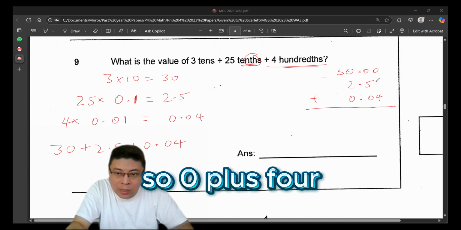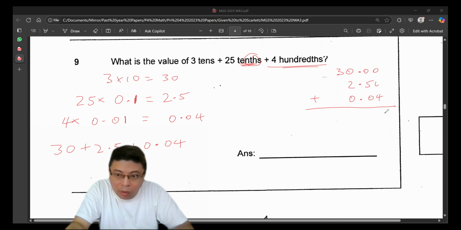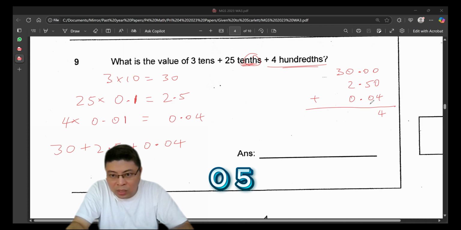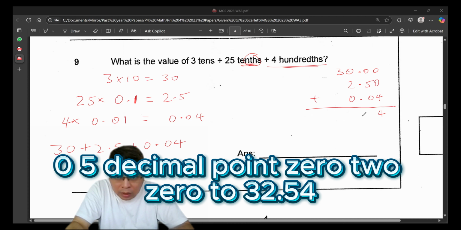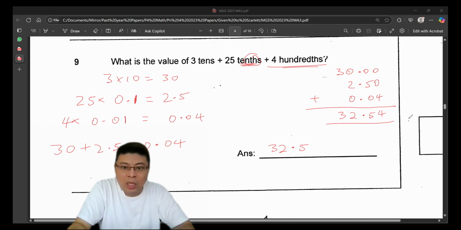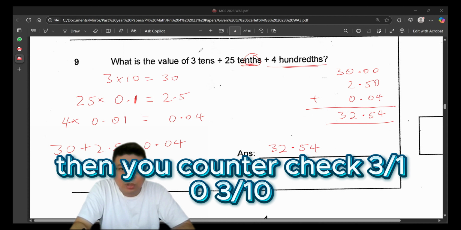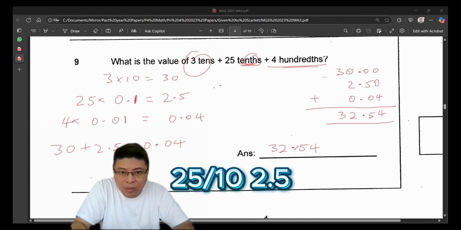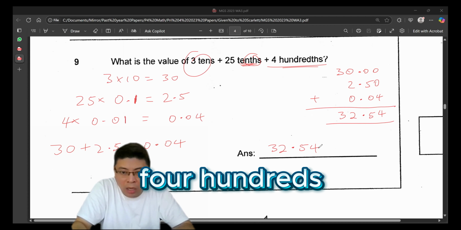So 0 plus 4, 0.505, decimal point, 0.202 to 32.54. Then you counter check. 3 tenths, 3 tenths. 25 tenths, 2.5. 4 hundredths. A quick check.